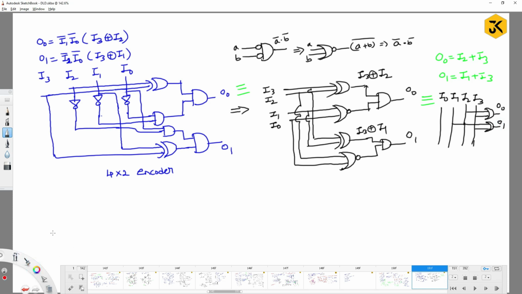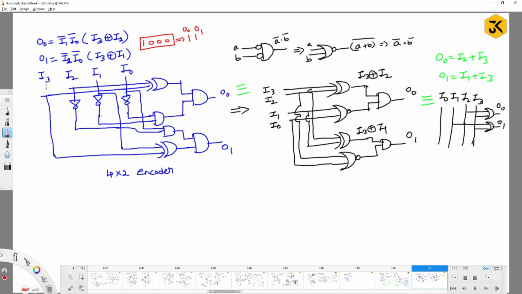To prove that this is also equivalent to this one, you can take any one of the inputs. For example, try to take the input as 1 0 0 0. What is the output for it? You need to have the output as 1 1, meaning at O0 you need to have 1, and at O1 you need to have 1 as output. So try it for any case.